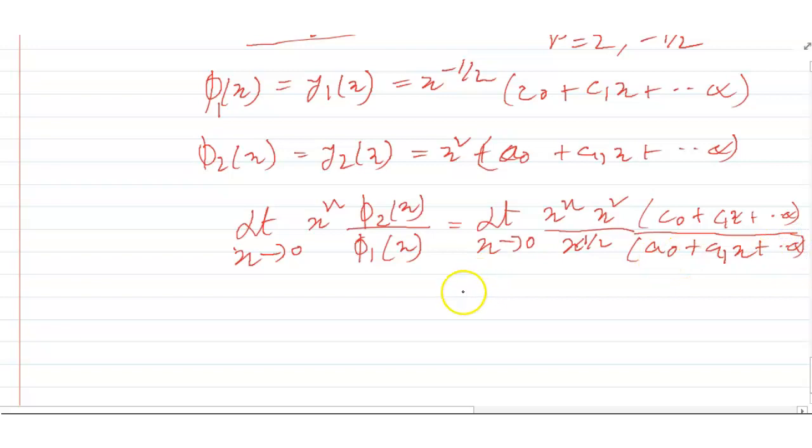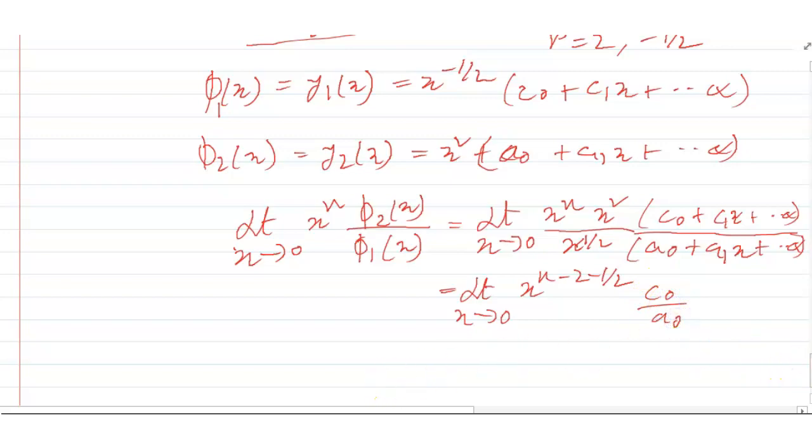This is my total. So whatever I get, the limit x tends to 0 of x to the power n plus 2 plus half, and the other part is finite, c0 by a0.